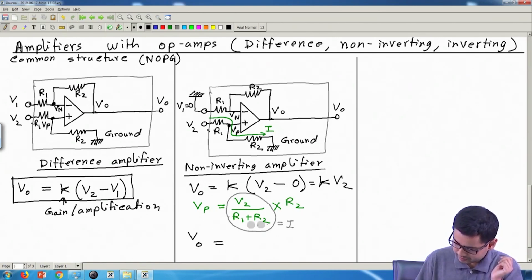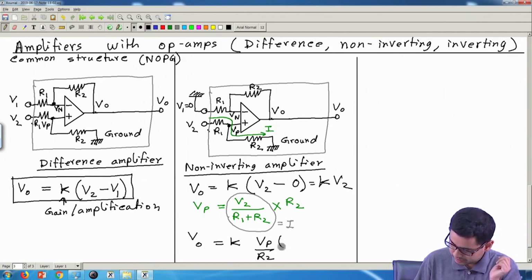Now in place of V2 we can write this. So K multiplied by Vp multiplied by R2 divided by R1 plus R2.